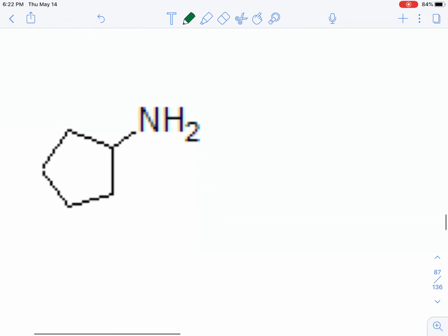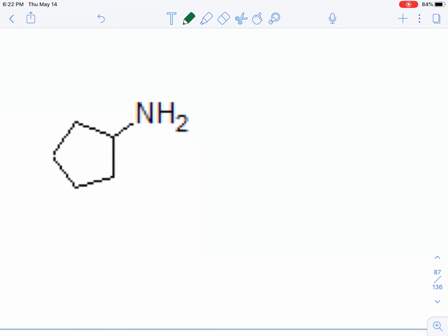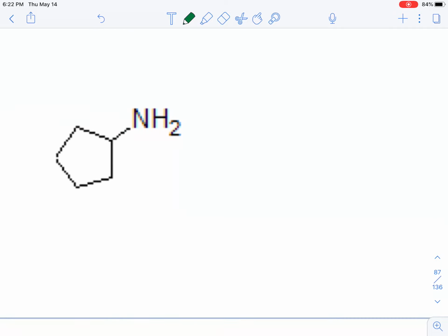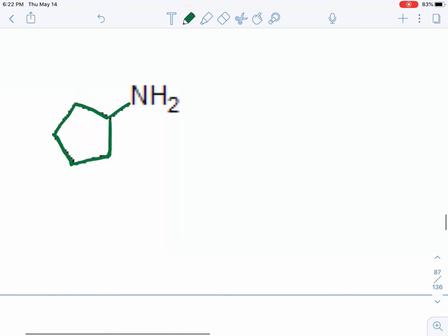All right. And so let's go ahead and talk about cyclic alkanes. And so for cyclic alkanes that contain an amine, we're simply going to name the cyclic compound. So this is going to be cyclopentane.